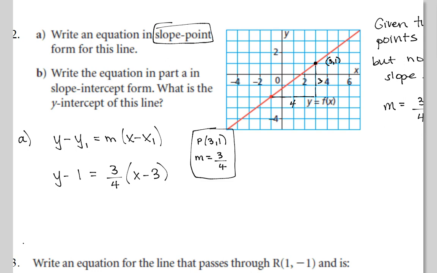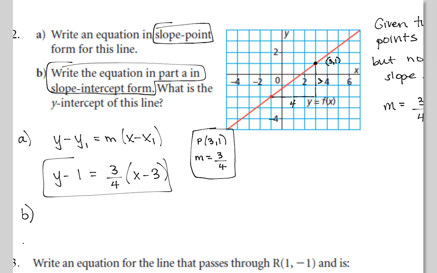Okay, so here comes the hard part, is part B. You have to write the equation in slope-intercept form. So we have to make it look like y equals mx plus b. So this is purely practicing algebra. That's all it is. So I'm starting with the point slope. This is the point slope.